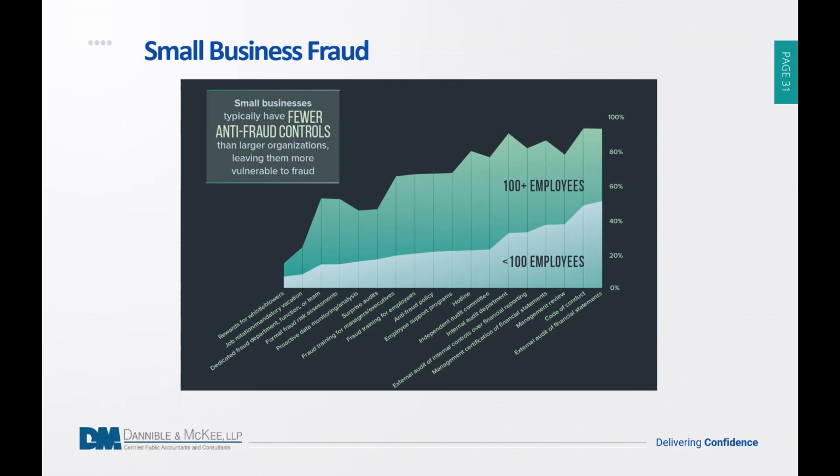Fraud training for managers and executives, a little over 20% of businesses with less than 100 employees are doing that. Now, like I said, it's a quick training for about an hour or two each year, just to kind of remind everyone and really hit home that there's a zero tolerance policy. So these are the things that really make a difference that could be implemented.